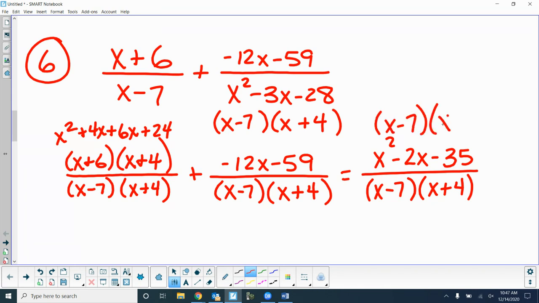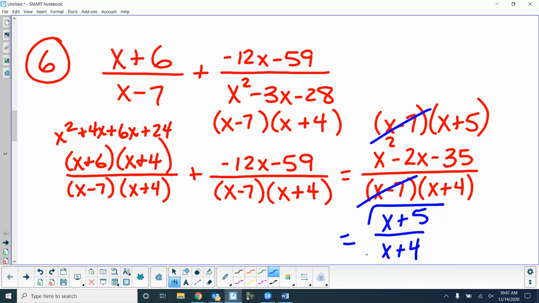Do we see any common factors in the top and the bottom that I could cancel? Yeah, the x minus 7s, right? So those would go away. So my answer to this problem, finally, is x plus 5 over x plus 4.